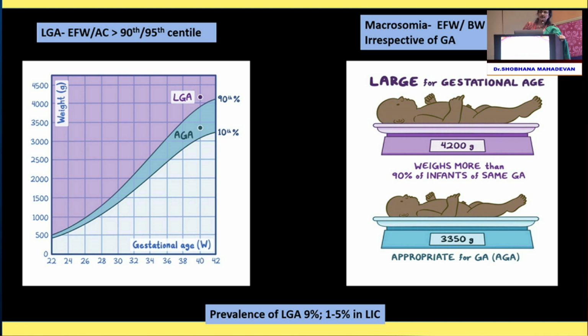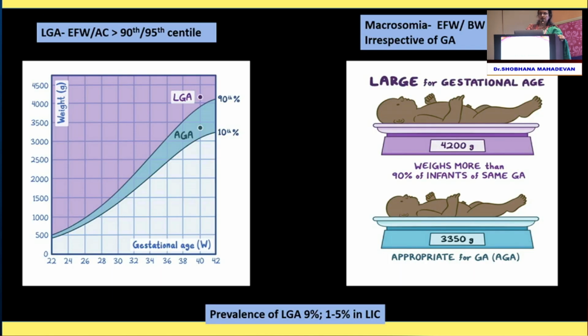Why? Because the phenotypes in low-income countries, including the Asian population, may be different, either in terms of their height and weight, BMI, their nutritional status, and therefore, if you look at the outcomes, even from 4 kg onwards, the outcome seems to be getting worse, and therefore, this is a cutoff that is used in low-income countries.